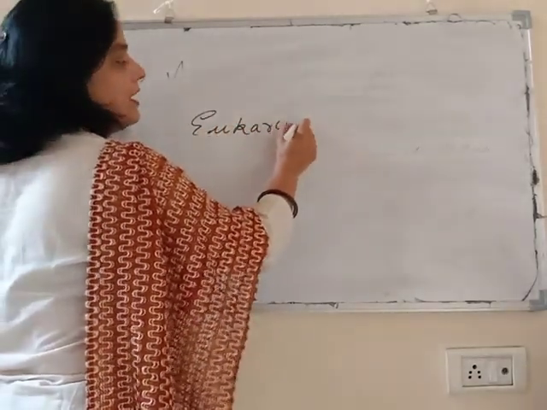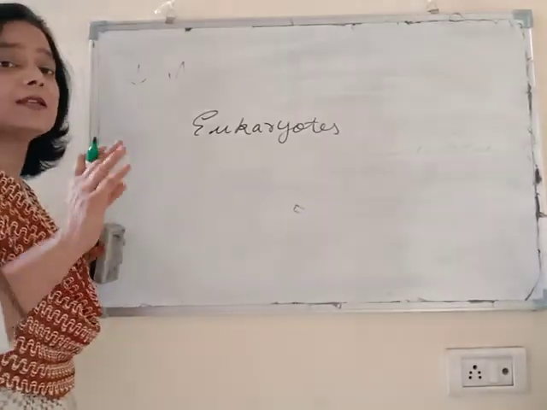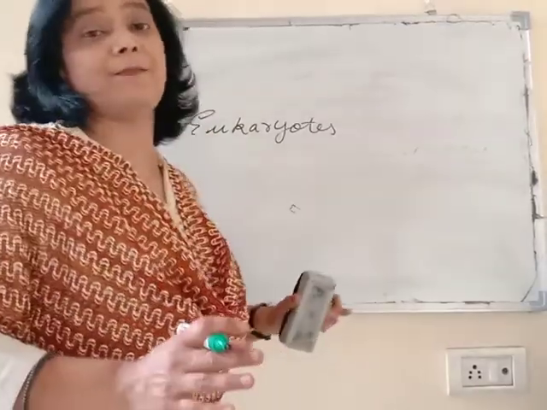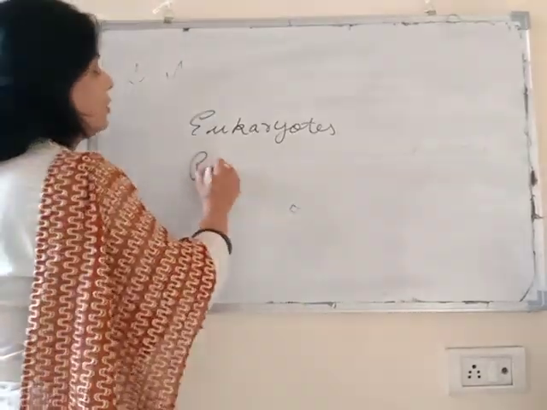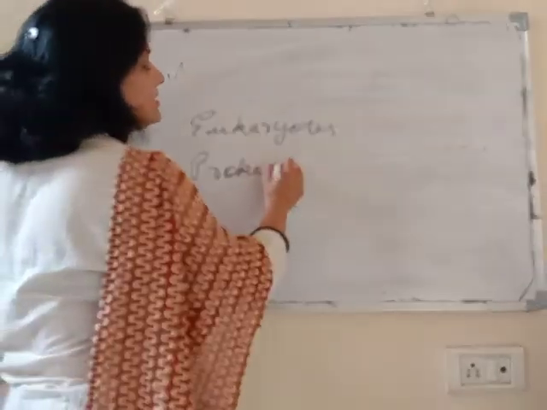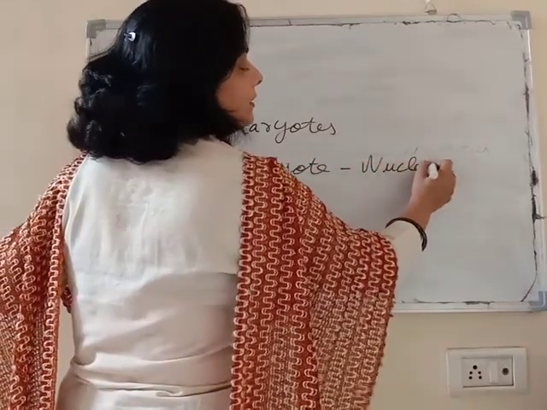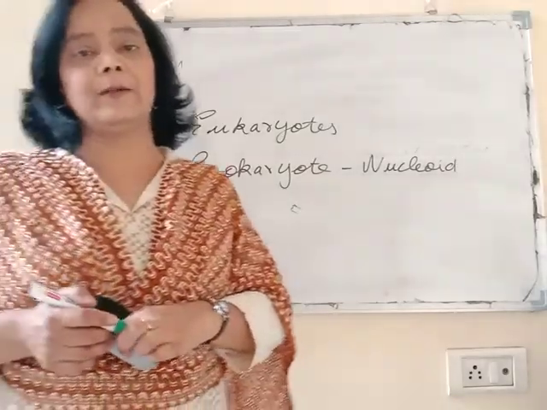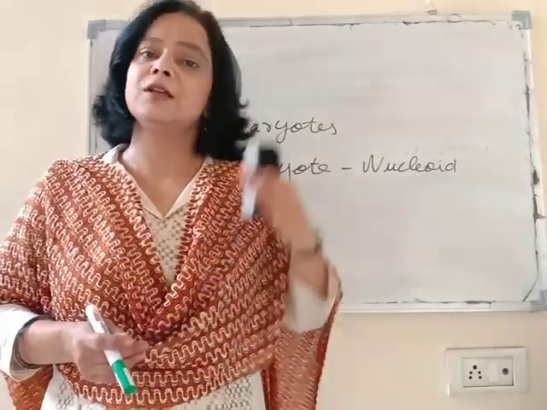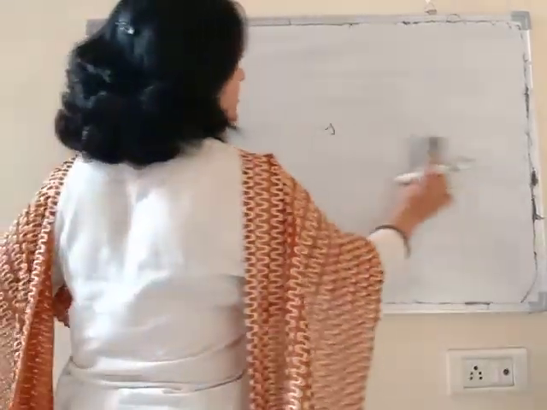So we people are eukaryotes. If the nucleus is not prominent, it is incipient, then it is a prokaryote. An incipient nucleus is called a nucleoid. We don't say nucleus there, we call it a nucleoid.